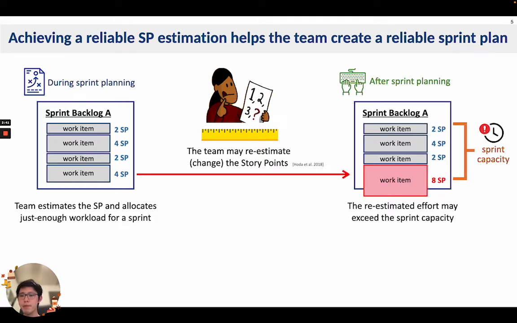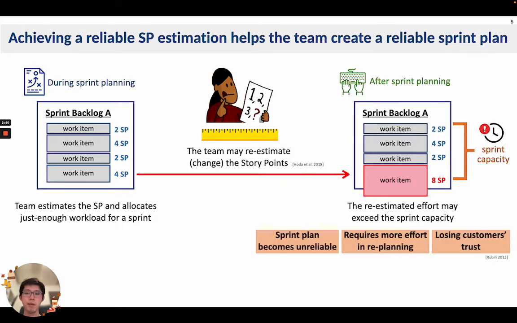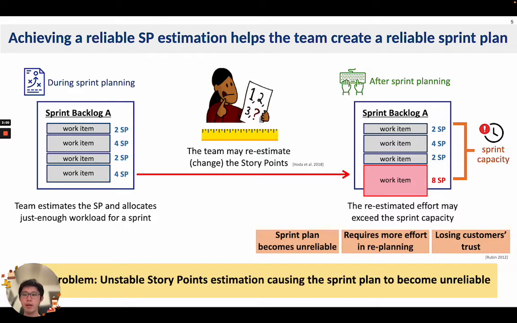But if this happens after sprint planning, the total effort may exceed the sprint capacity. This can cause the sprint plan to be unreliable. The team may have to spend more effort in replanning or lose the customer's trust. The key problem is that unstable story point estimation causes the sprint plan to become unreliable.